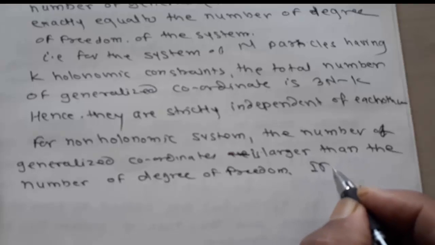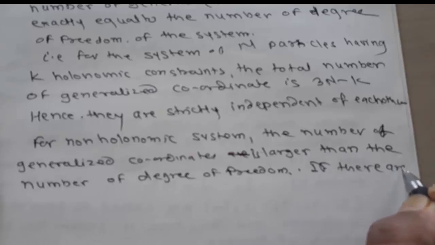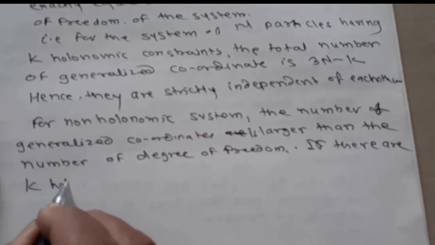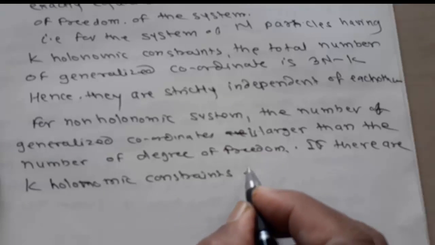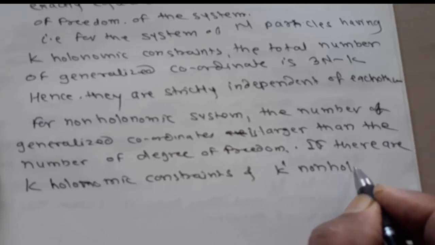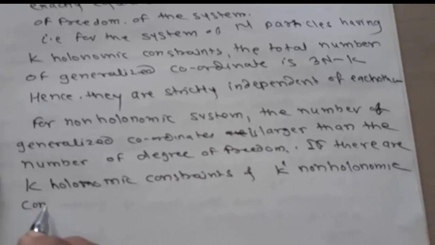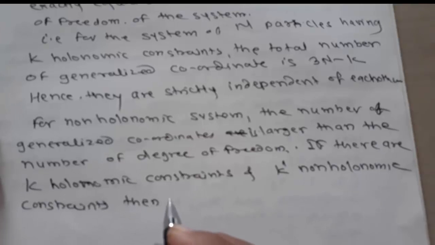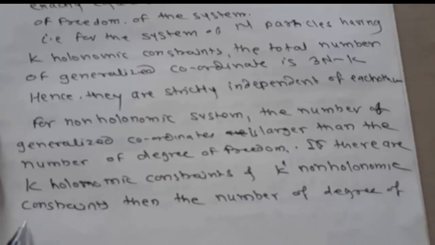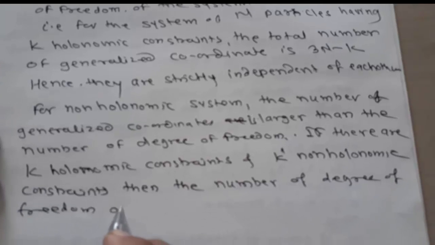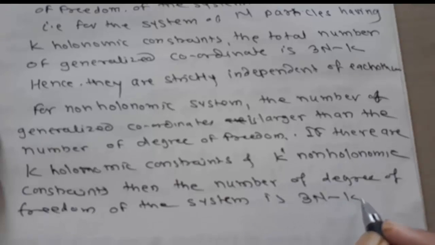If there are k holonomic constraints and k dash non-holonomic constraints, then the number of degrees of freedom of the system is 3n minus k dash.